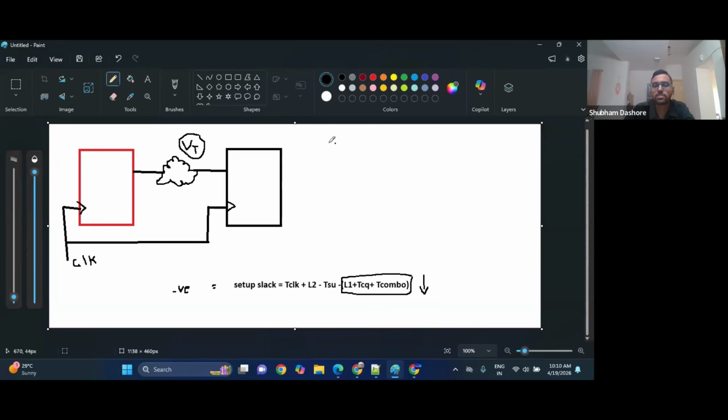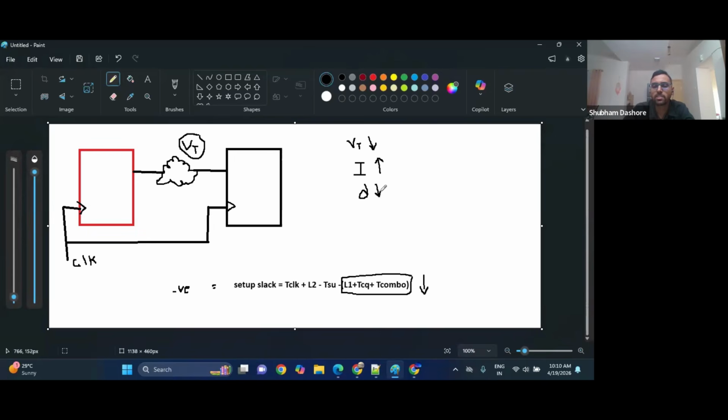The second thing I can do: this is a critical path, and we can change it by lowering the VT. If we are using SVT, it means the VT is low. VT is low means current is high. Current is high means the delay is very less.